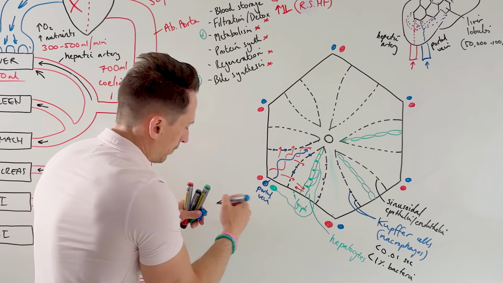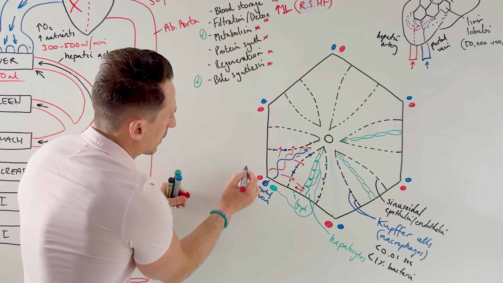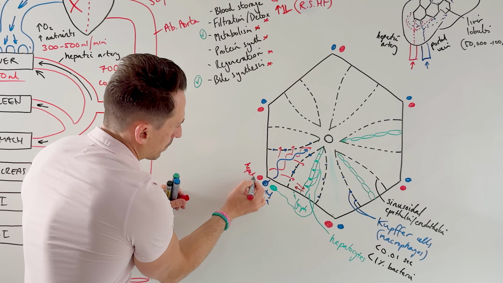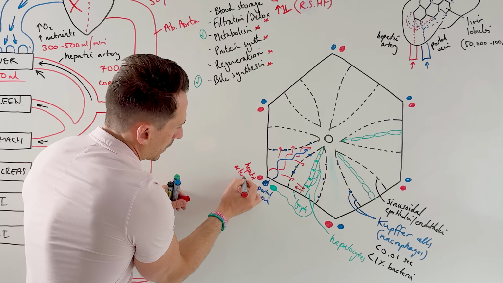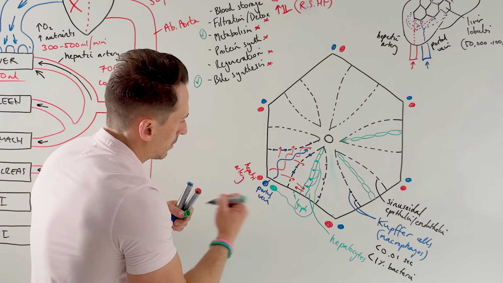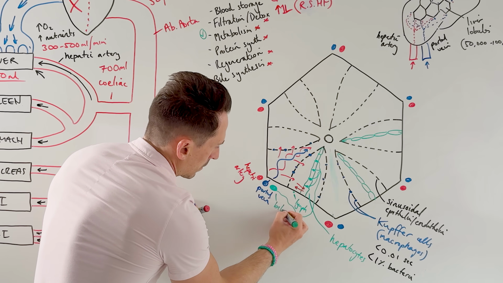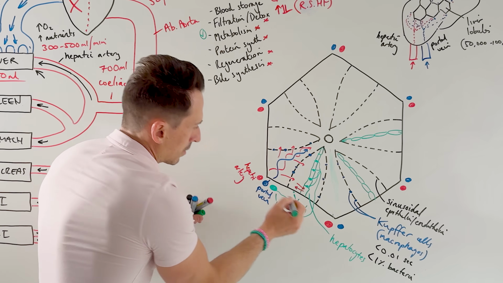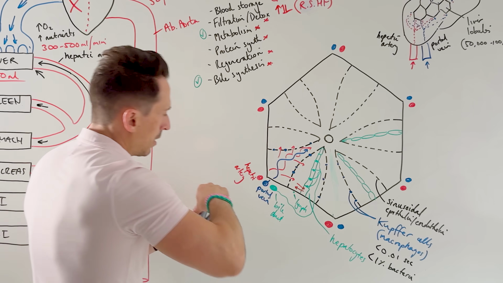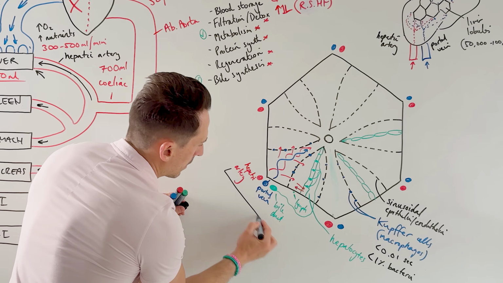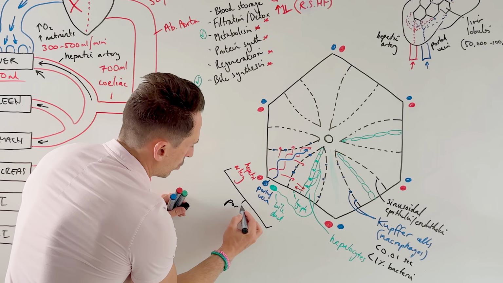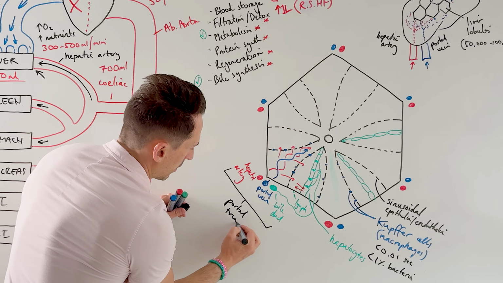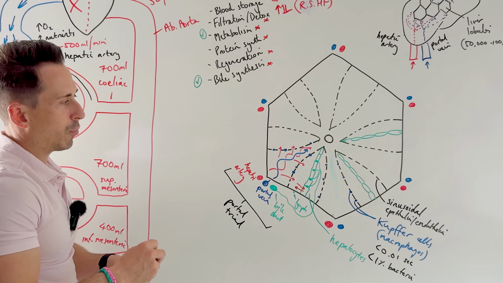Portal vein, hepatic artery, bile duct. The lymph is not included here, and all three of these things here is called the portal triad. The portal triad, very, very important.